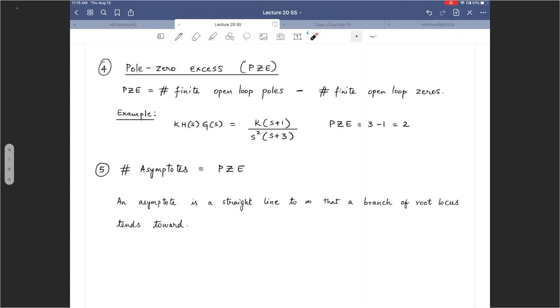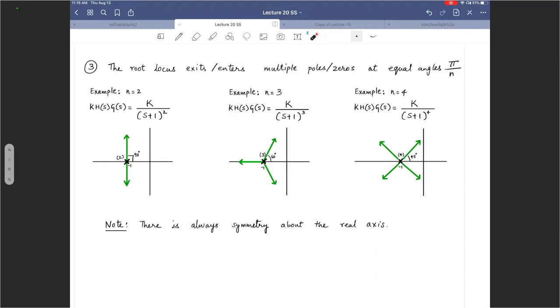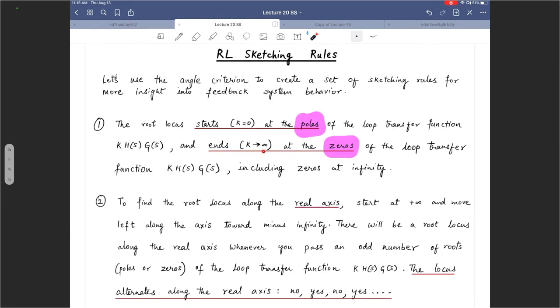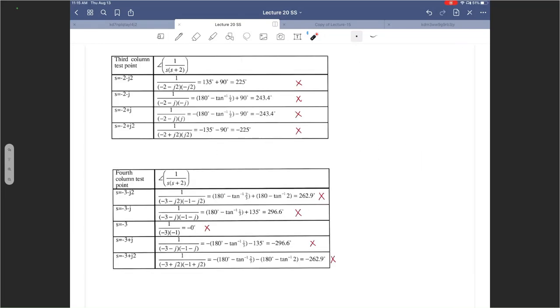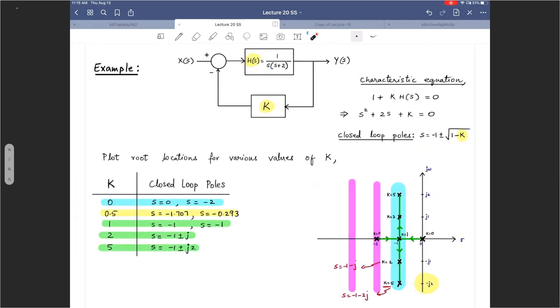Why does rule 1 work? Rule 1 says my root locus is going to start at k equals 0 and end at k equals infinity. If I go back to this example, we had a characteristic equation with closed loop poles defined by s equals -1 plus or minus square root of 1 minus k.